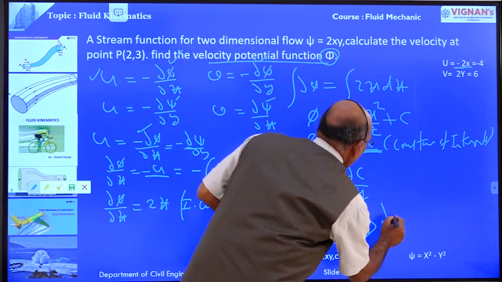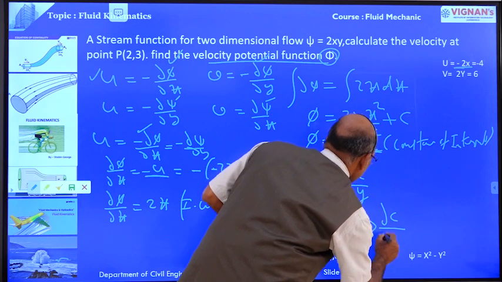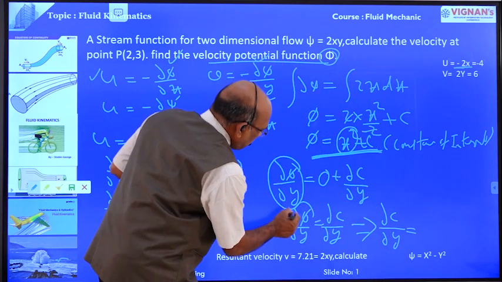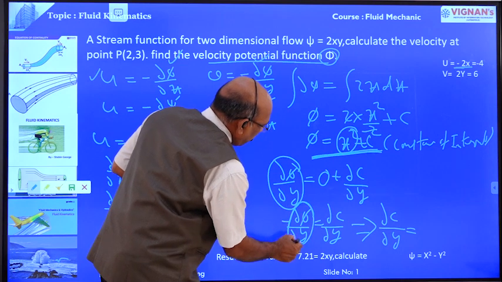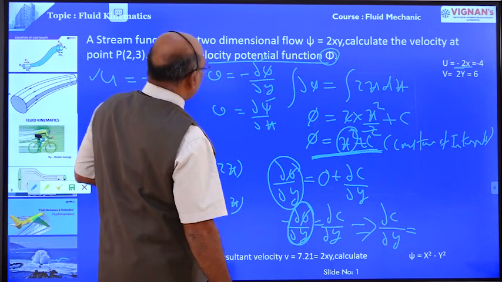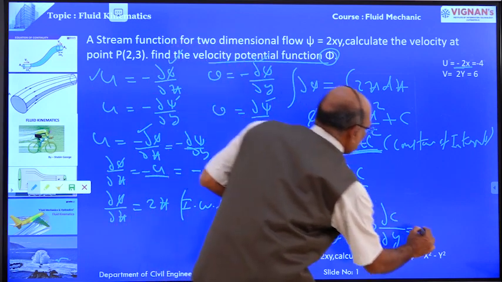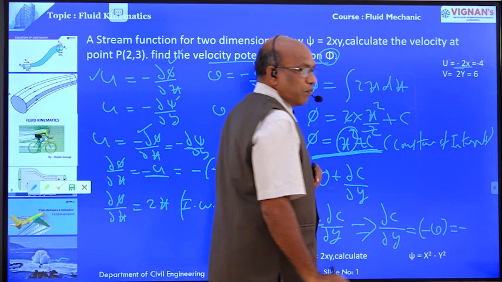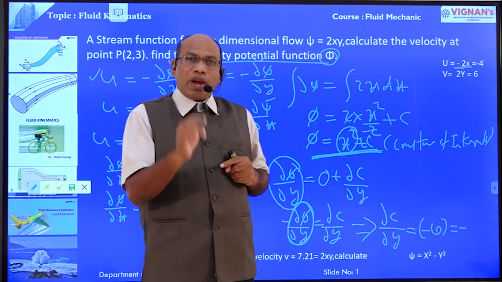Therefore dou c by dou y is equal to, in place of dou phi by dou y, we take minus v. That is equal to minus, what is the v? Velocity component in y direction.